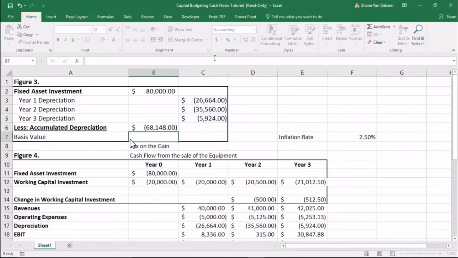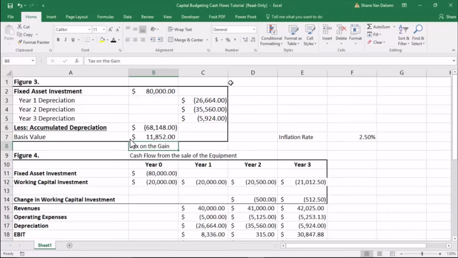And if you're thinking of like a balance sheet, and this helps me out, I think of the gross fixed asset value of $80,000. The accumulated depreciation value would then be $68,148. And then the net fixed asset value would be the remaining value after we take out the accumulated depreciation. So $11,852.